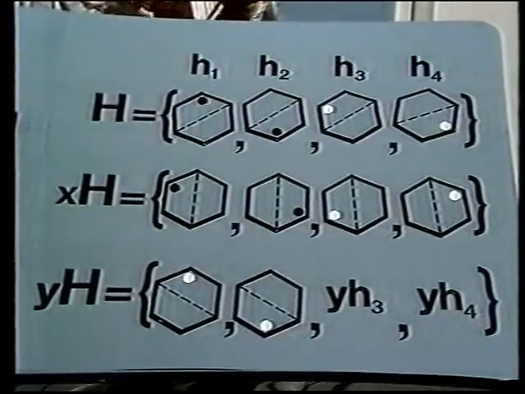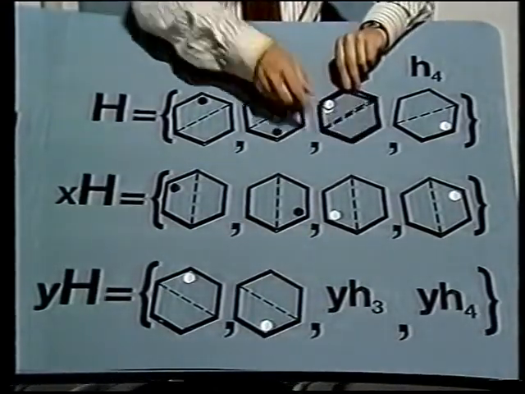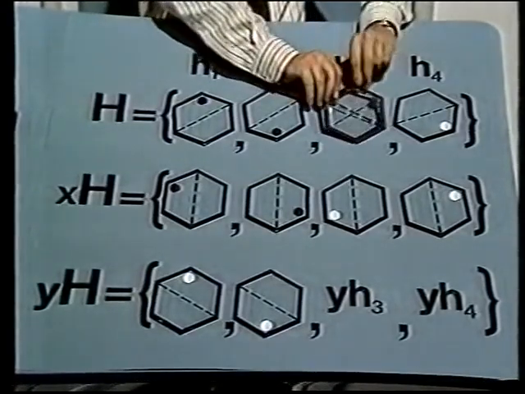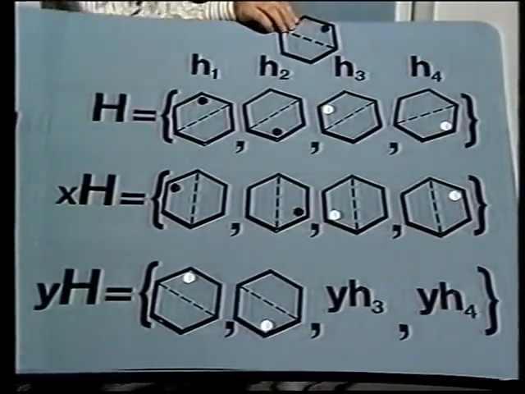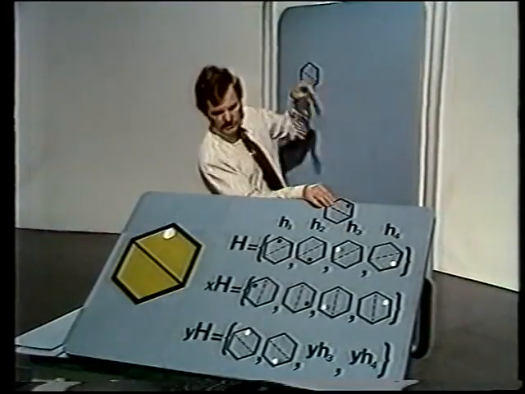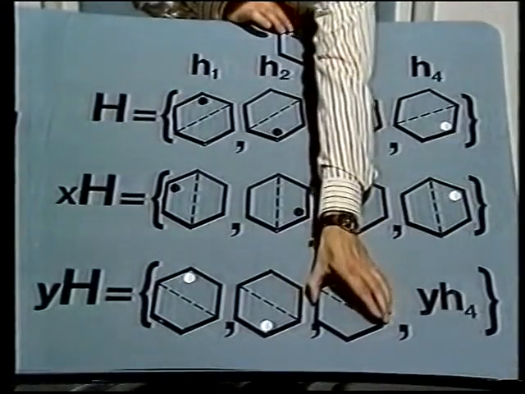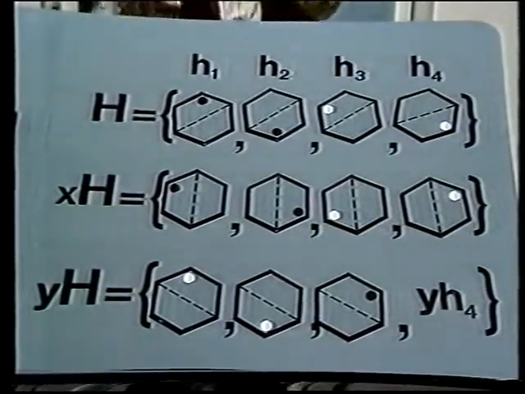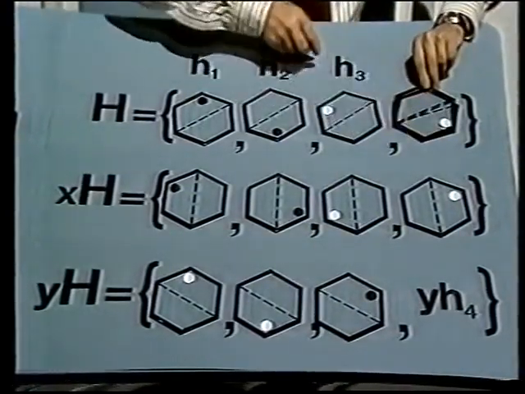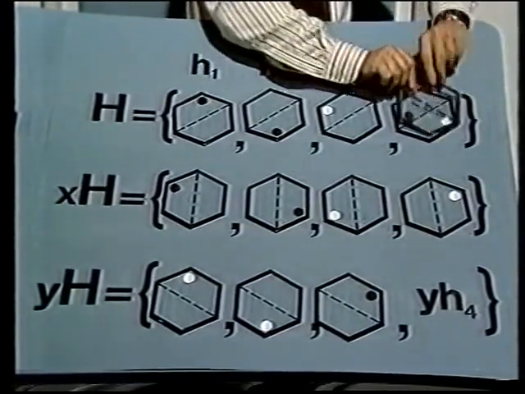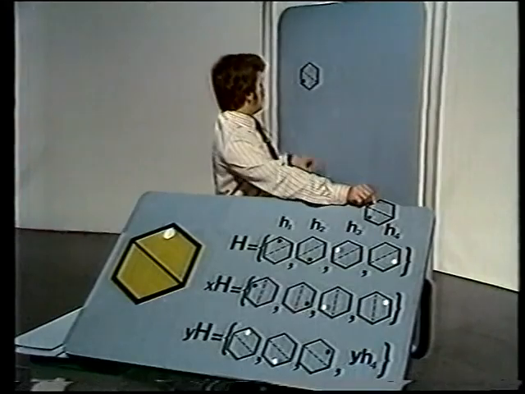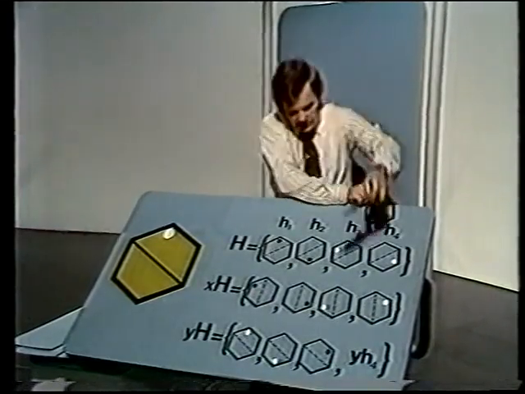And similarly for YH3, go to the H3 position, apply Y, which was reflection in the vertical axis, gives us this. There's YH3. And finally for YH4, the H4 position, apply Y, gives us this. Oh, that's lucky. It's the last element.